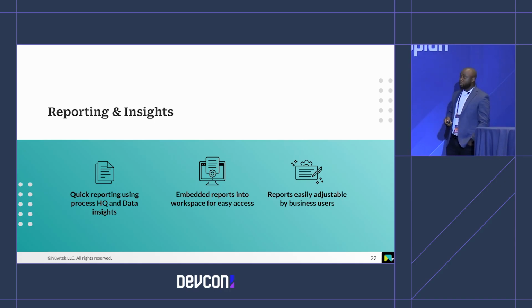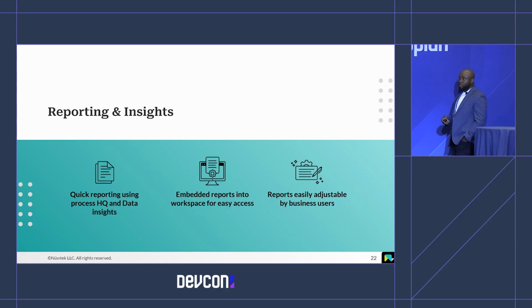Yeah, so when it comes to reporting and insights, we leverage Process HQ for quick data exploration and reporting. One of the reasons why we're able to do this was because, like Kirsten mentioned, in the control panel, when the case managers configure these workflows and processes and the rules, we do have records that get created in Designer.